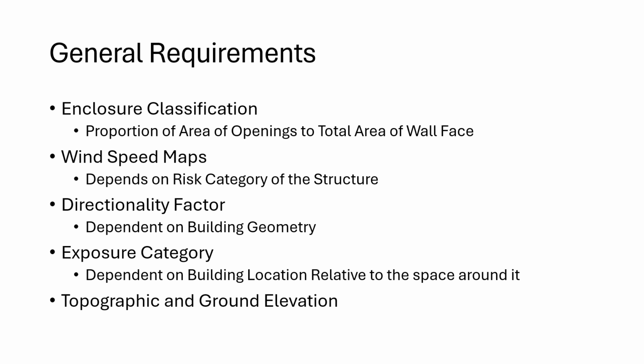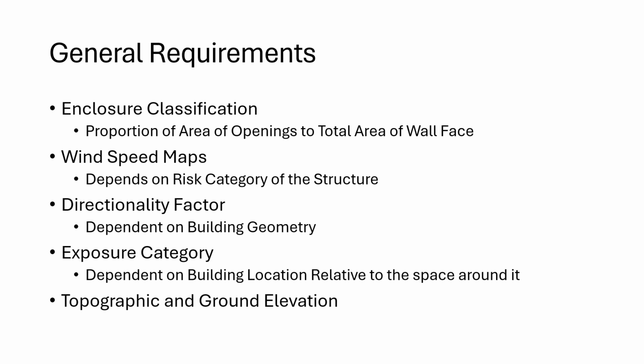Whereas if you have just a flat wall with no openings, that's an enclosed classification. There's a little bit more nuance to it, but if you have roughly 80% wall and less than 20% opening, then your enclosure is going to be partially enclosed.